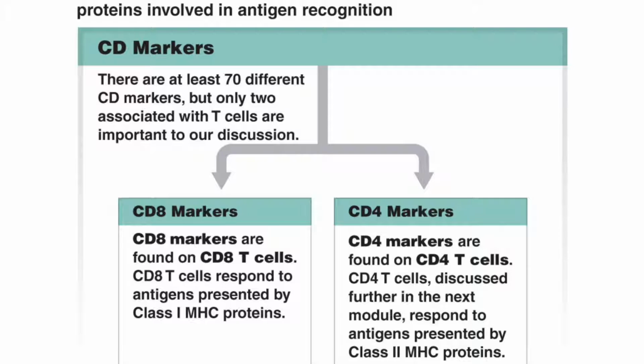We need to know about CD markers, which CD is cluster of differentiation. CD8 T cells recognize class 1 MHC proteins and their antigens. And then CD4 T cells are going to recognize class 2 MHC proteins and their antigens.